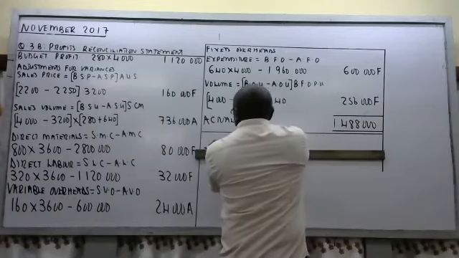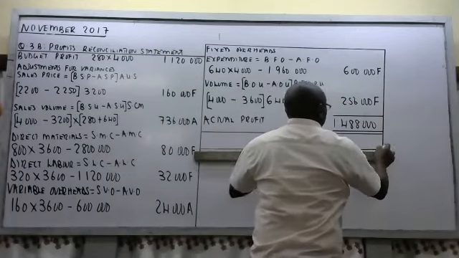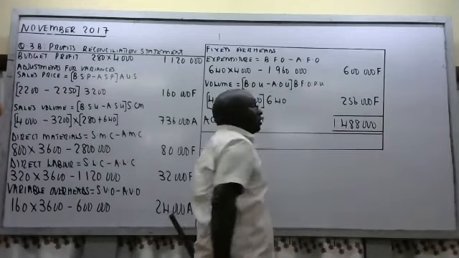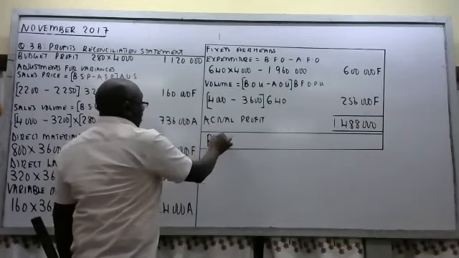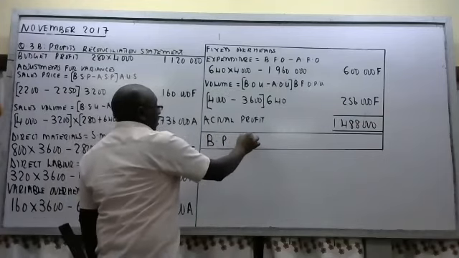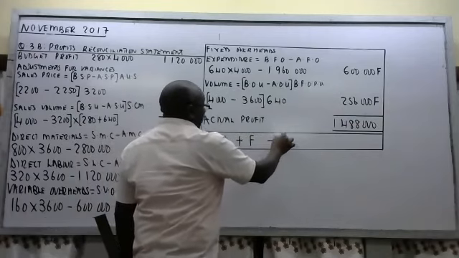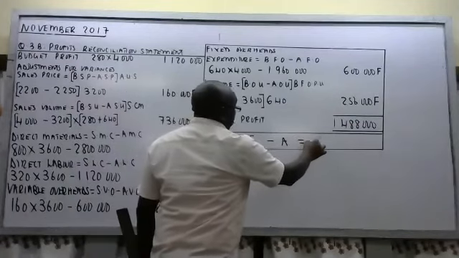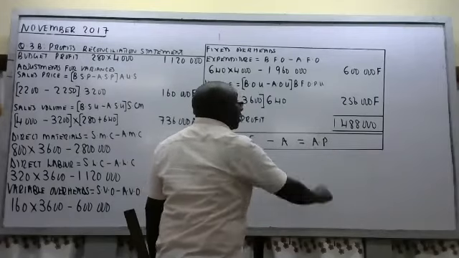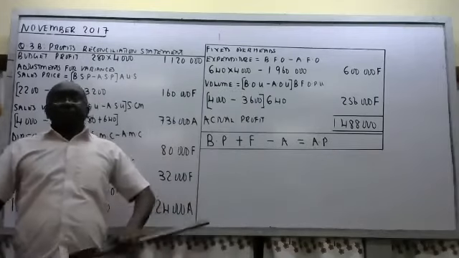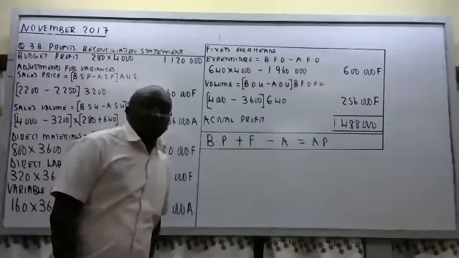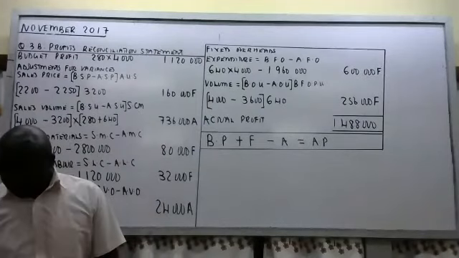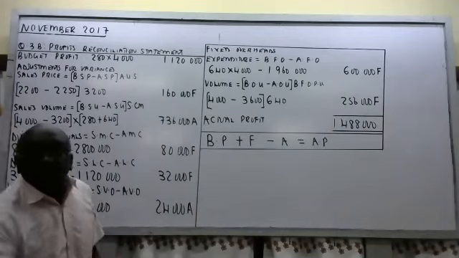And then, in order to reconcile, what you do is budget profits plus the favorables minus the adverse should be equal to actual profits.